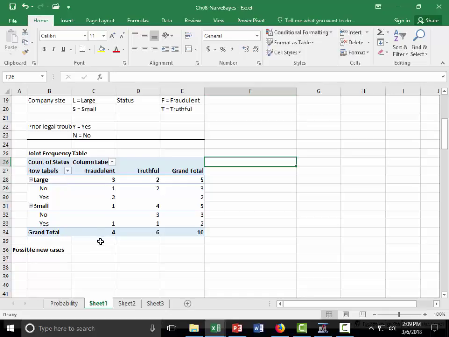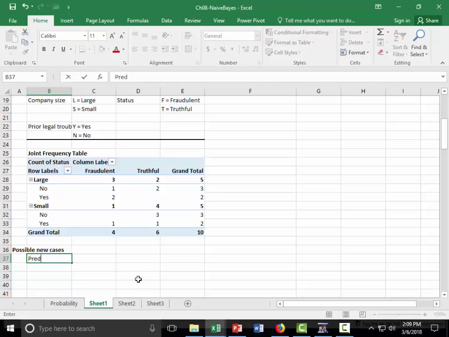So now we can use this table for computing probabilities. We have predictor profiles. So what are the predictor profiles?